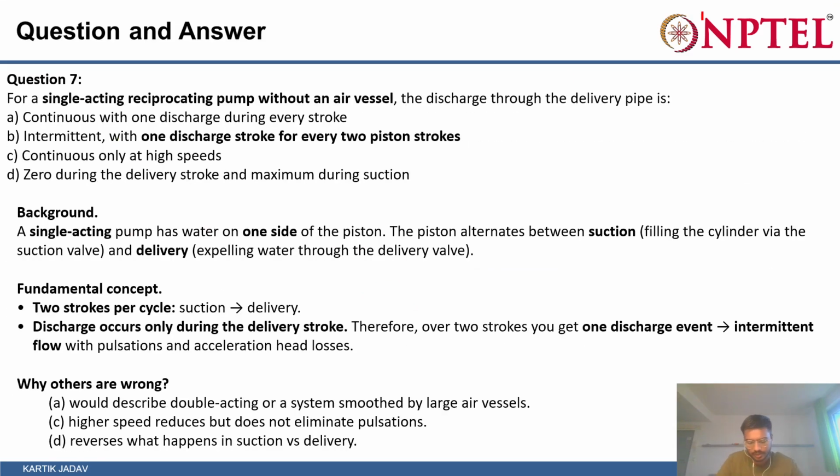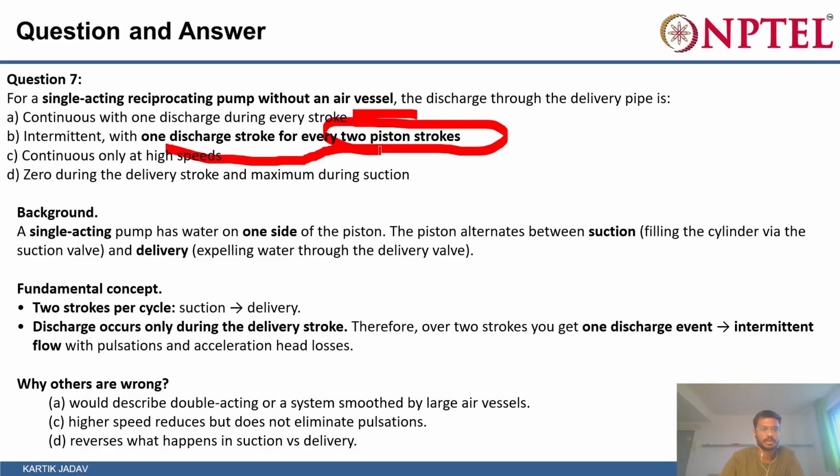Question number 7. A single acting reciprocating pump without an air vessel: discharge through a delivery pipe is continuous with one discharge during every stroke? No. For a single acting reciprocating pump, it is intermittent discharge, with one discharge stroke for every two strokes of the piston, right?